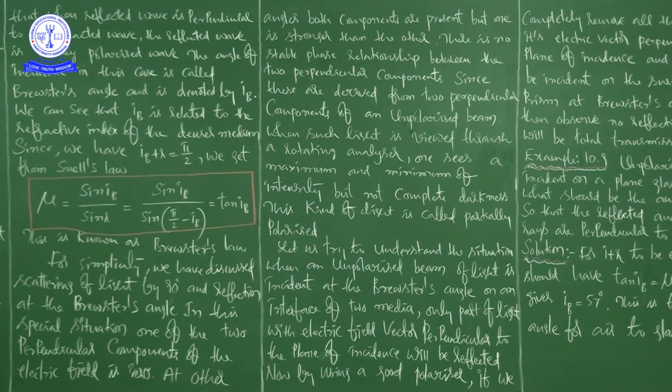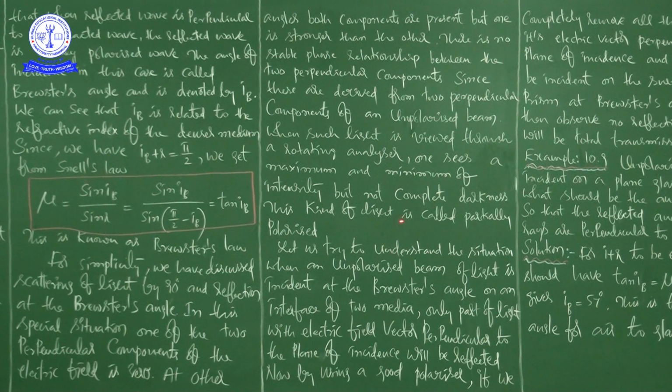But in this situation, if you see the light through a rotating analyzer, one sees a maximum and a minimum of intensity, but not complete darkness. Just imagine the light is coming and here we have an analyzer that is going to rotate.